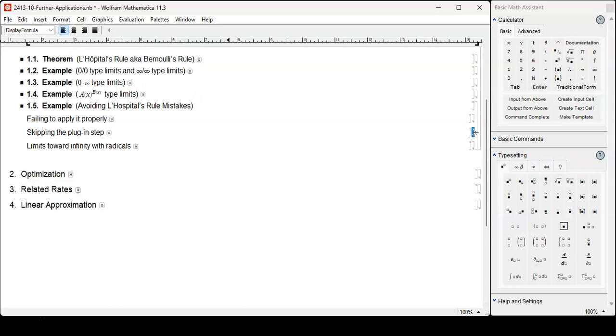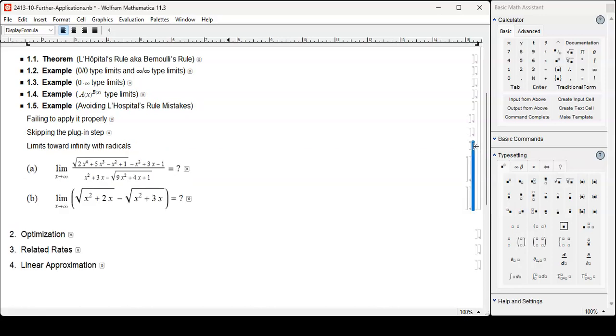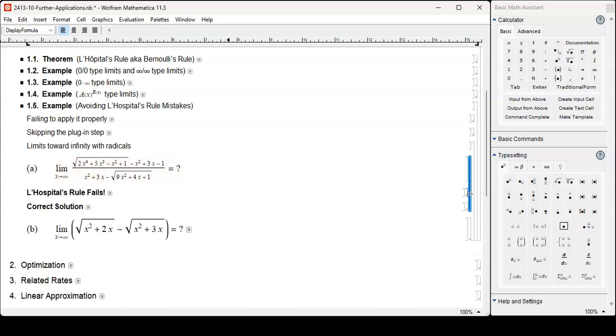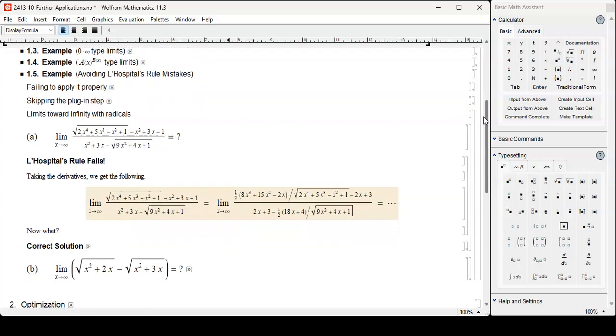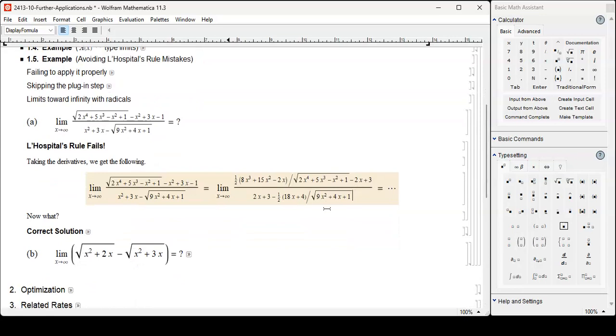Okay. Finally, the most important: limits toward infinity with radicals. L'Hopital's rule does not apply here. If you apply L'Hopital's rule, you get a correct expression, but it's much harder than before.